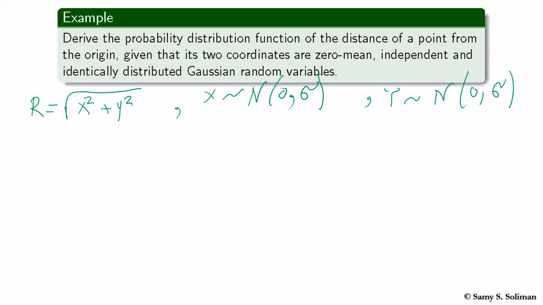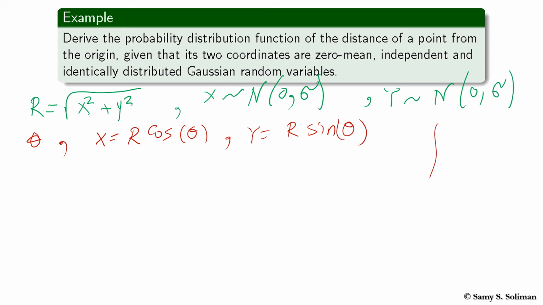However, in order to use the general approach, we need a second random variable. So in this example, it might be convenient to define a new random variable theta such that x is equal to r cosine theta and y equals r sine theta.